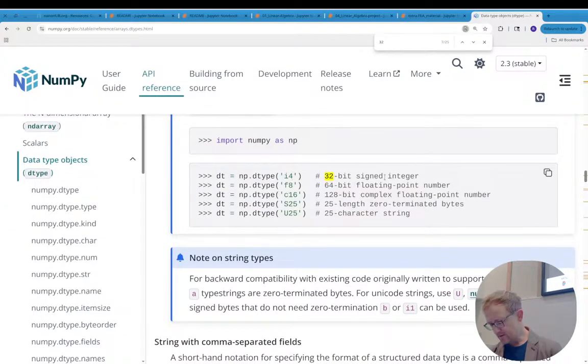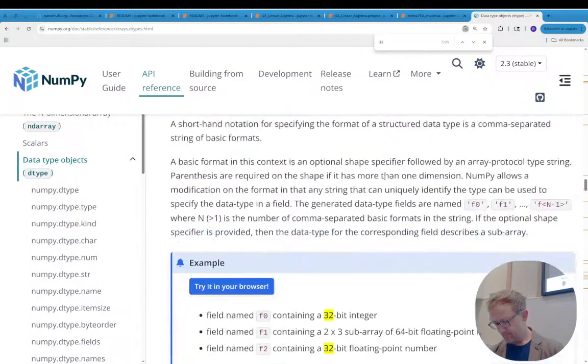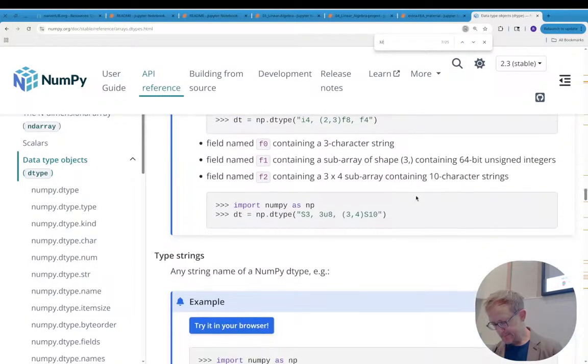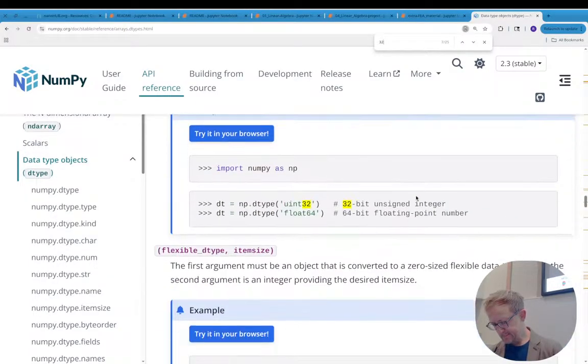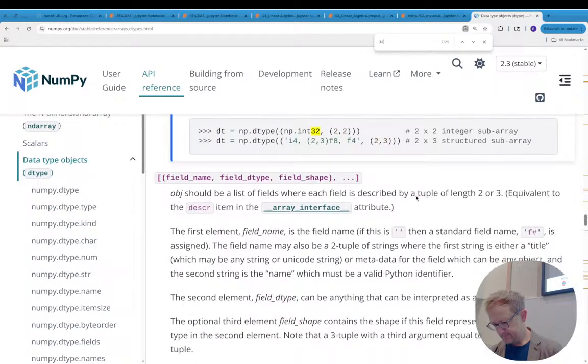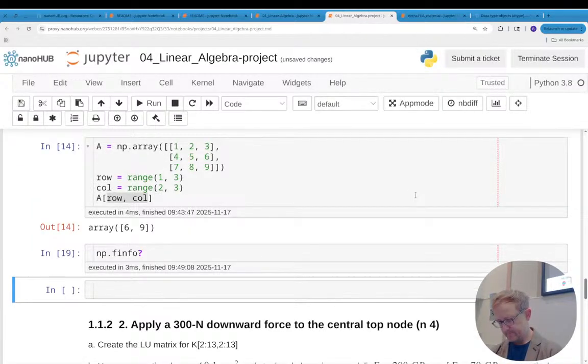You can do 32-bit integers, but not floating point numbers. Strange. Okay. So anyway.